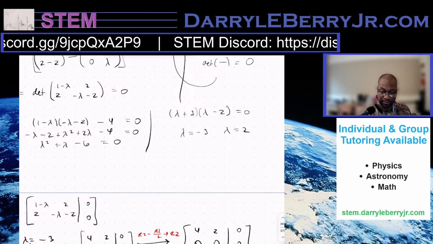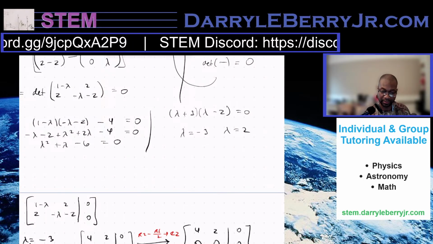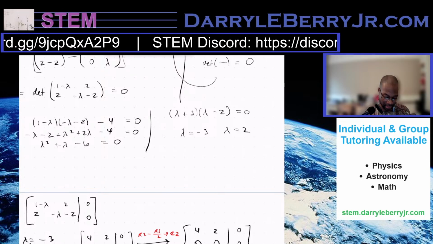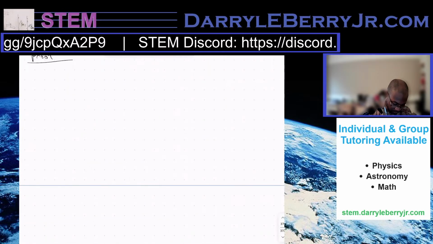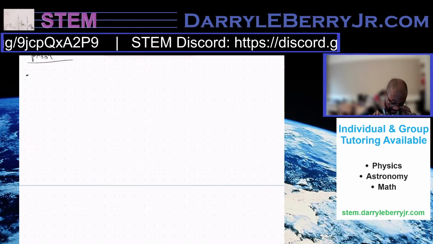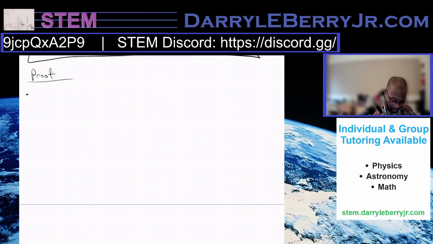So the proof begins with a trick to turn complex entities into real. We already proved that the eigenvalues of a symmetric matrix are real from the squares.